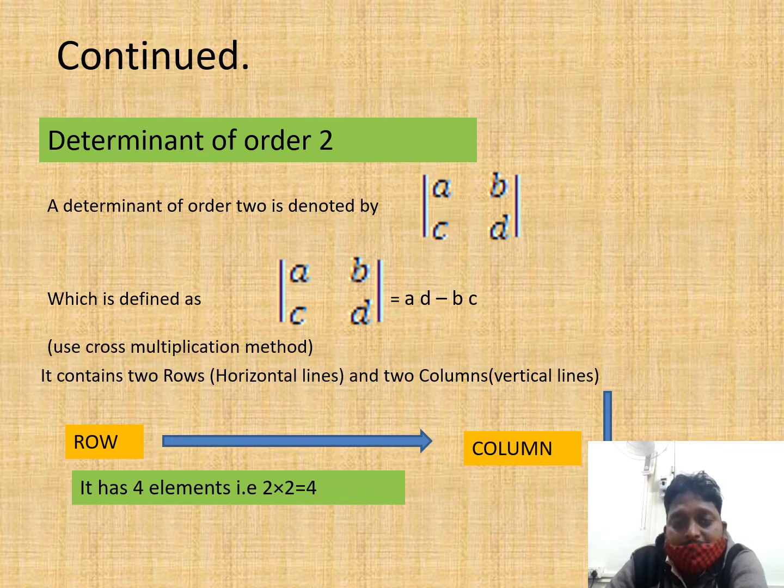A is at left top, D is at right bottom, C is at left bottom and B is at right top. The cross multiply formula, A into D minus B into C. Left top with right bottom minus right top with left bottom. In total, since it's of order 2, it has 2 cross 2, that is 4 number of elements.